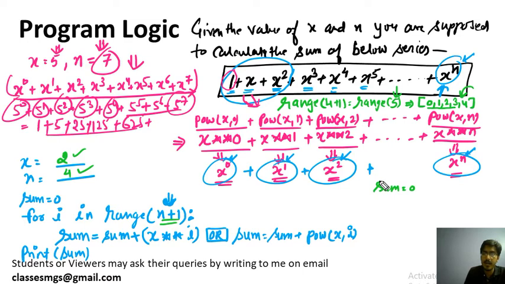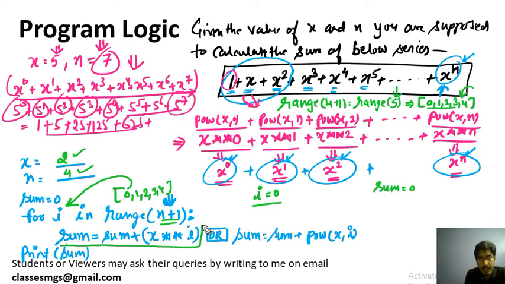Now this will return the list 0, 1, 2, 3, 4, and this loop will execute 5 times, with the i value coming one by one. First time the i value will be 0, and here let's suppose I am using this line only, because these two lines are the same.